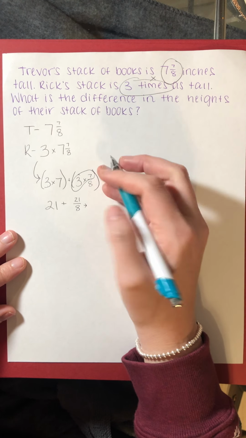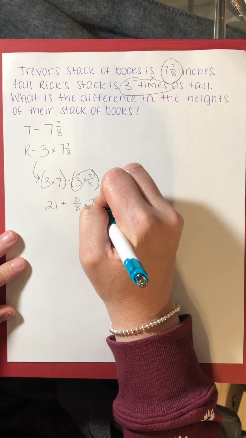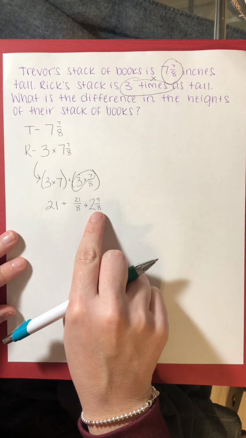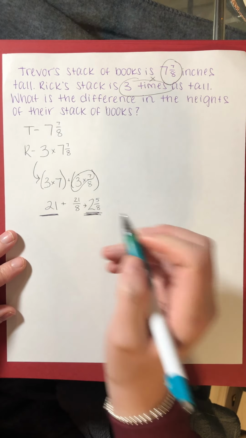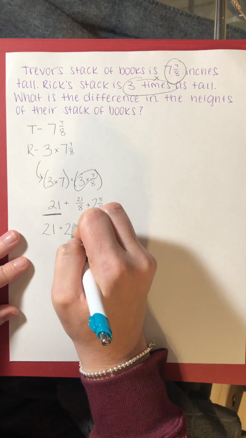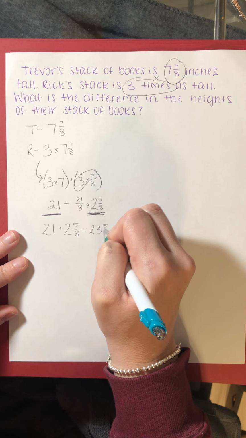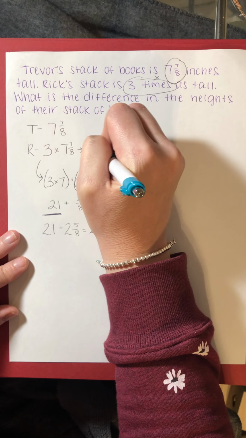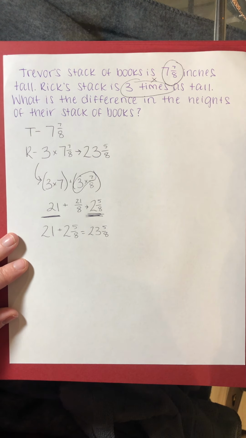I know that 8 can go into 21 twice, with 5 left over. So now I have 2 5/8. I need to add that with 21. 21 plus 2 5/8 equals 23 5/8. Okay, so Rick's stack of books is 23 5/8 inches tall.